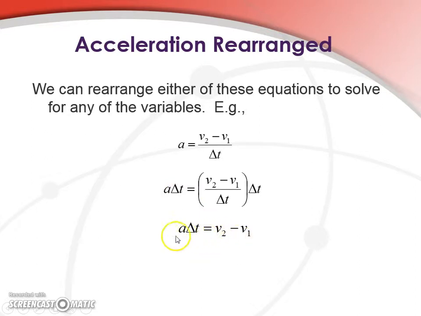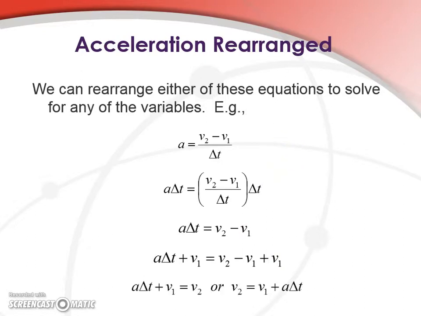That gives us a times delta t equals v2 minus v1. And this is still pretty intuitive, right? The acceleration times the time interval equals the change in velocity. So now to isolate for v2, it's a trivial exercise. We add v1 to both sides, and we get our final expression, v2 equals v1 plus a delta t. Easy stuff, right?